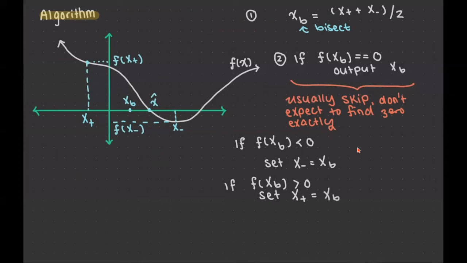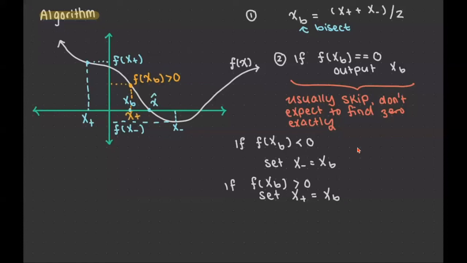I'm going to switch colors so you can see what's going on when we update our points. Here's xb, and we can see that f of xb is greater than zero. So this becomes our new x plus.